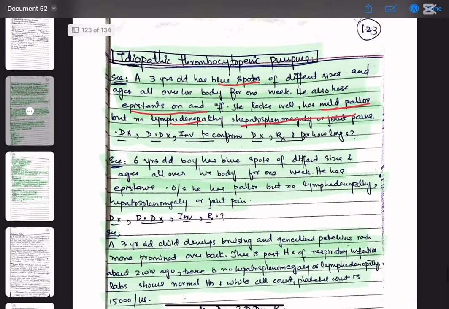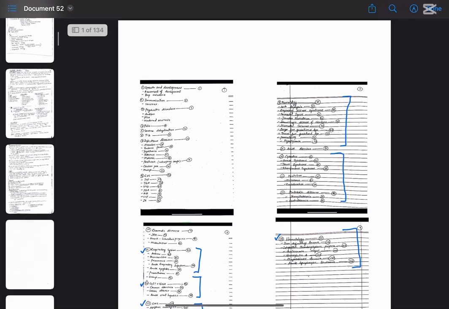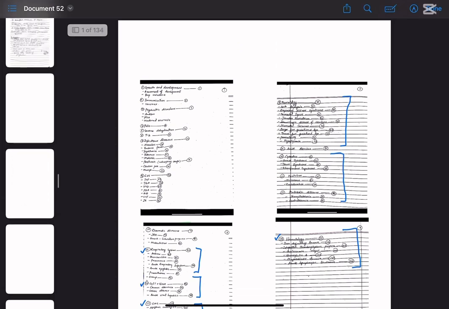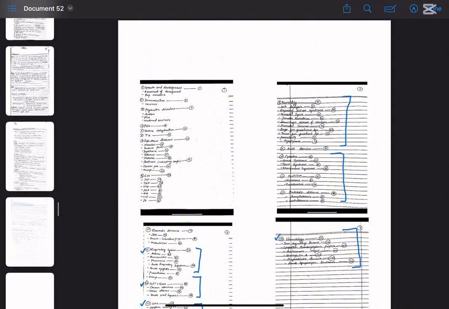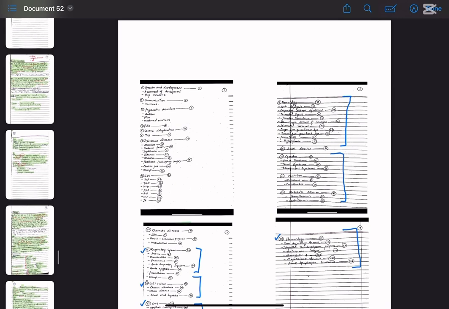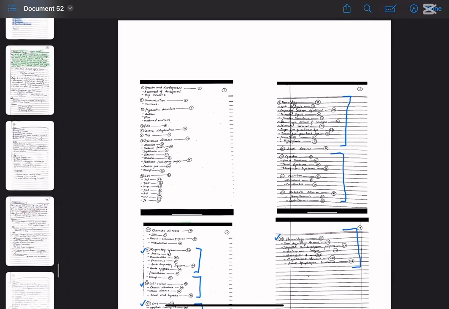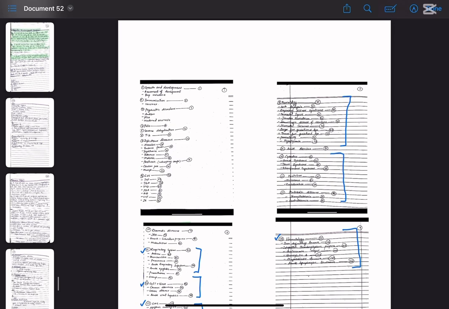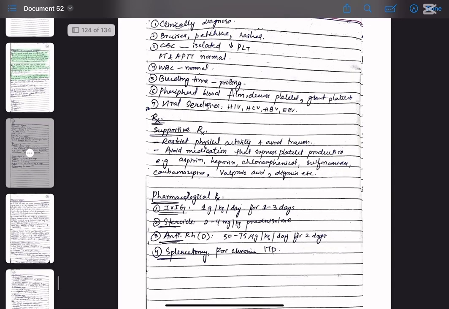In another scenario, we have blue spots of different sizes, petechiae, and a history of epistaxis and bruising. So this was all about ITP. We have discussed the scenario, then the investigation, and then the treatment options, the different types of ITP, and in the treatment options we have supportive treatment and pharmacological treatment.